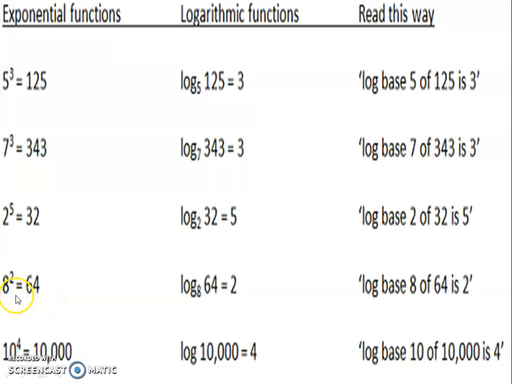So I check first, base is 8, answer is 64 and index is 2, or power is 2. So I use the log word: log to the base 8 of 64 is equal to 2. So I write or read log of base 8 of 64 is 2.